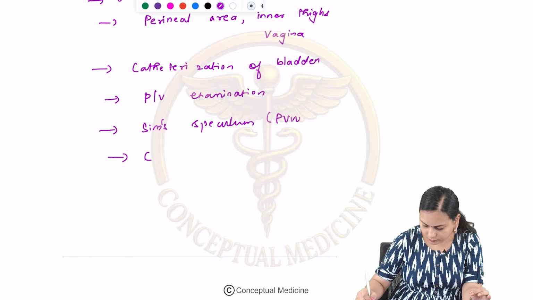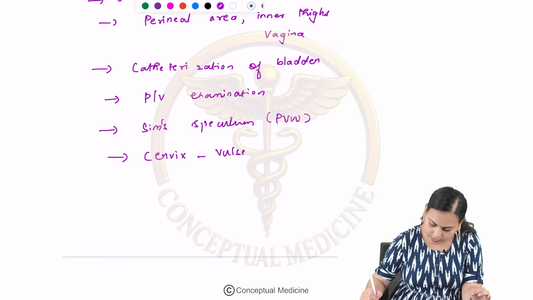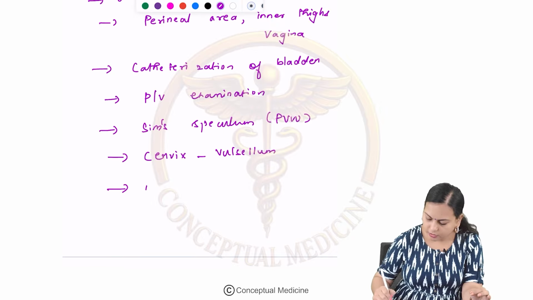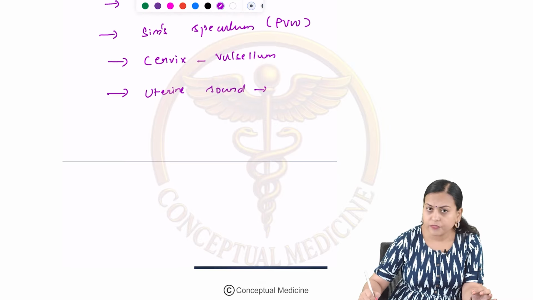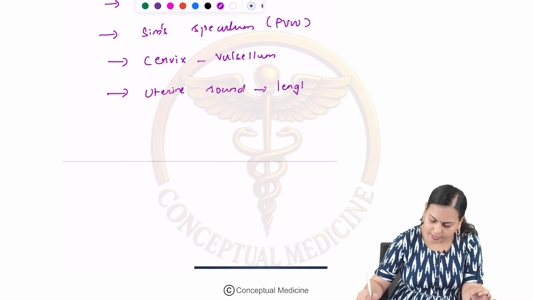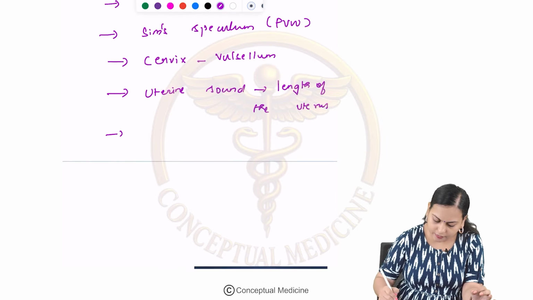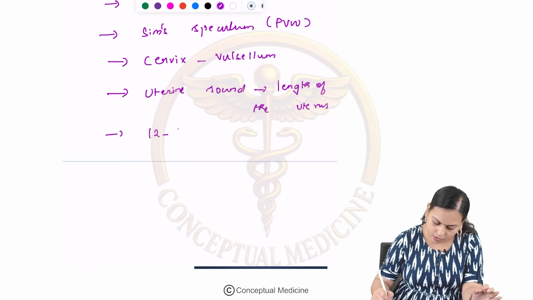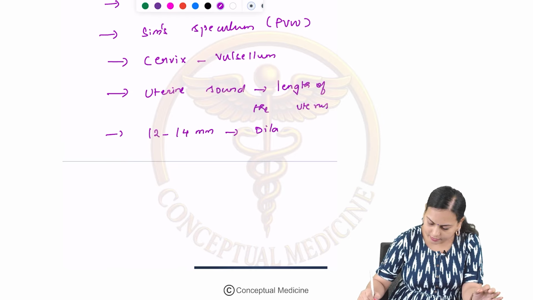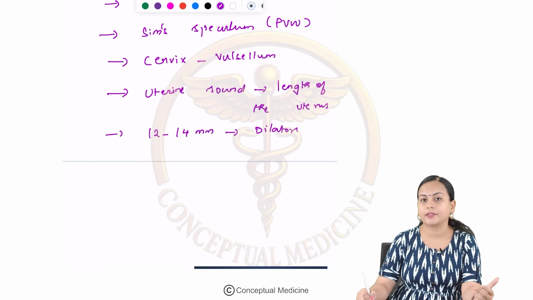Then the cervix will be held with a vulsellum. You will introduce the uterine sound through the cervical os to measure the length of the uterus. Cervical os can be dilated up to 12 to 14 millimeters with dilators, Hegar's dilators or a Mathew Duncan dilator.